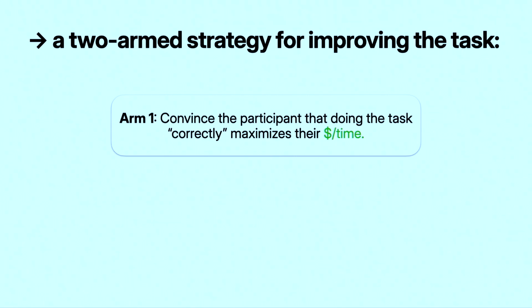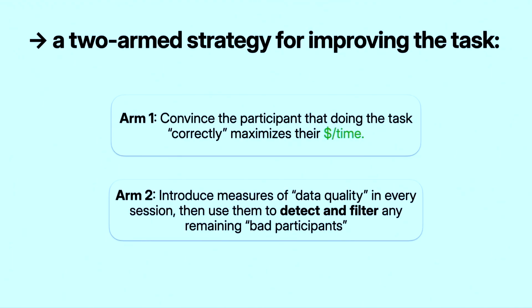Secondly, even with these economic incentives, some, quote, bad participants might remain. So we also want to verify the quality of the data. This second arm is about defining operational measures of data quality, then using them to detect and filter out any remaining bad participants.